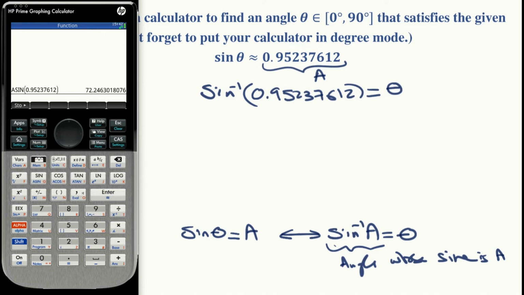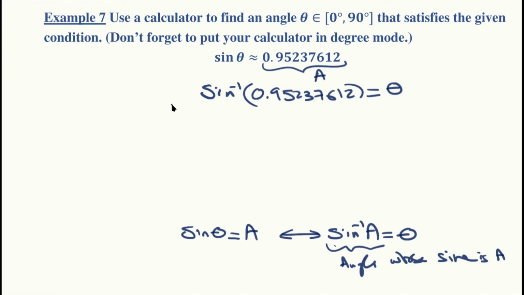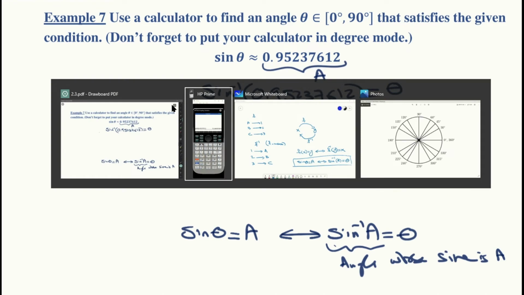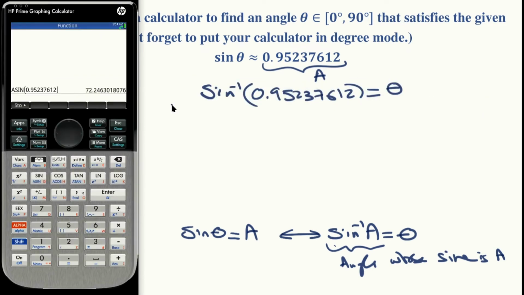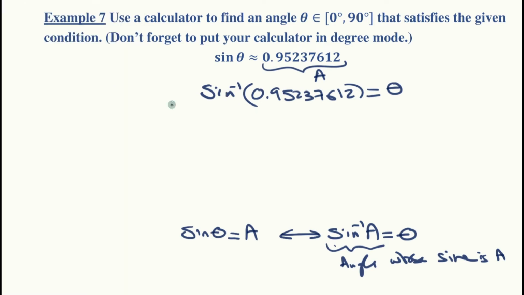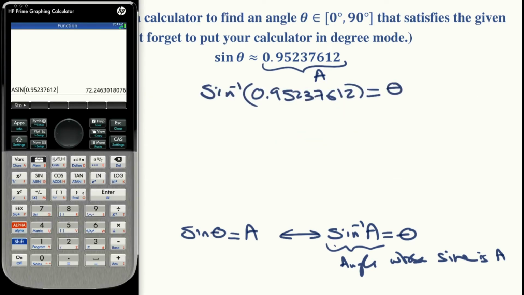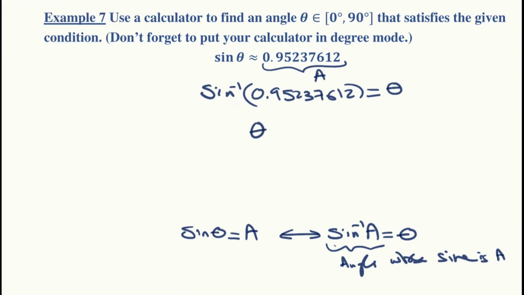Let's see if there's a rounding instruction. No rounding instruction is given, so we will just go to 2 decimal places: 72.25. So theta is approximately 72.25.